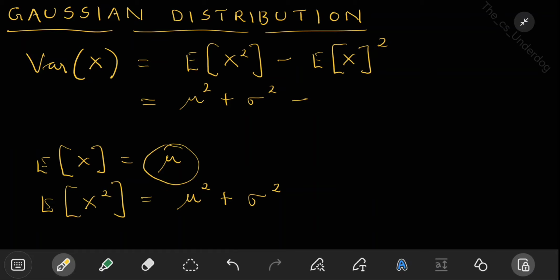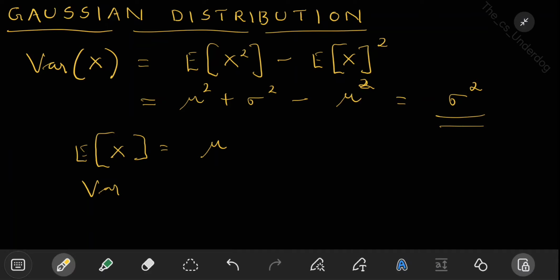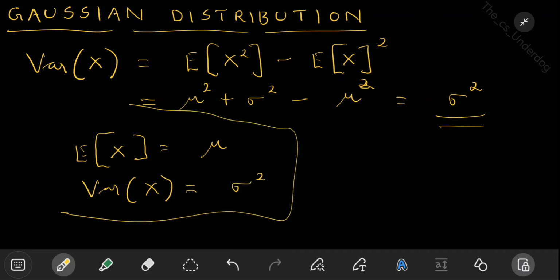It is mu. Expectation of x the whole square would be mu square, right? So if you do this, you will get sigma square. You got it as sigma square, which means the expectation of a Gaussian random variable is mu, and the variance of a Gaussian random variable is sigma square. So this is the takeaway.